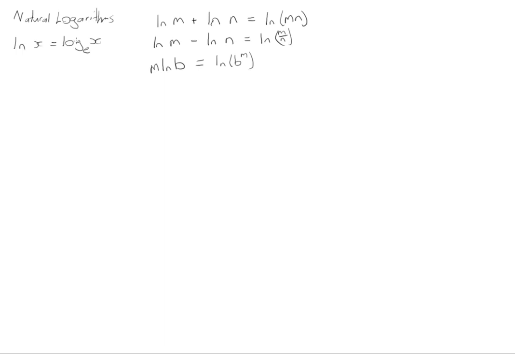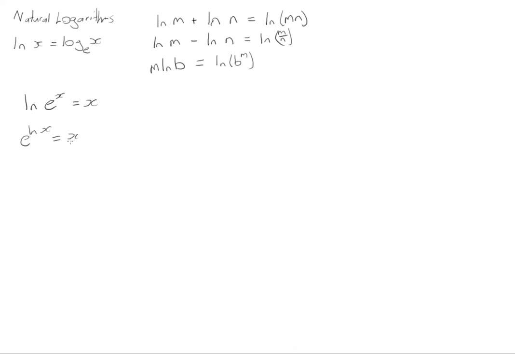It's also interesting to note that if we have the natural log of e to the power of x, this is just equal to x. And similarly, if we have an exponential, e to the power of ln x, that is just equal to x.